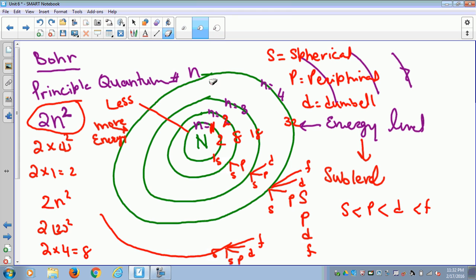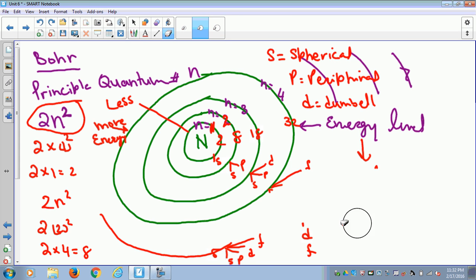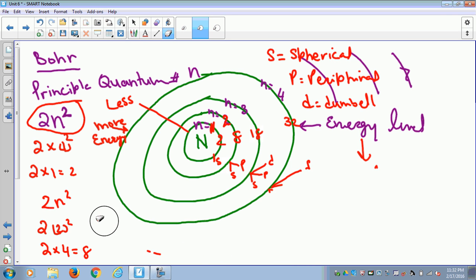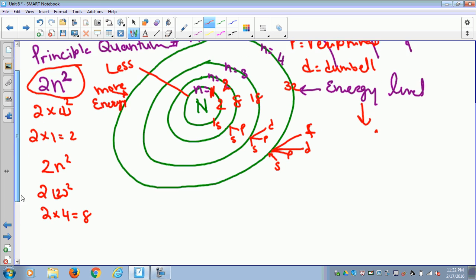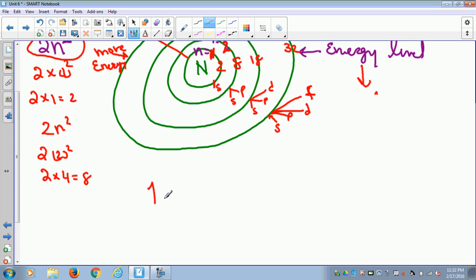I'm going to erase this a little bit to clean up. As I'm telling you, we have energy levels, and this one had all 4: s, p, d, and f. To explain this further, energy level 1 has sublevel s. Let me do it the other way around and plot it on the energy graph. So if this is the energy graph, energy increases this way.